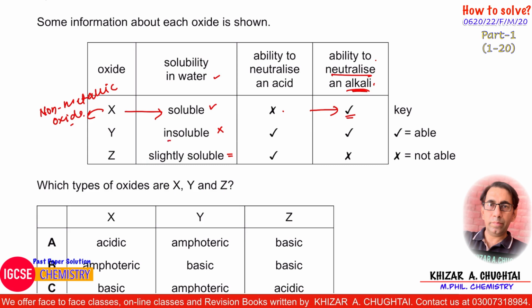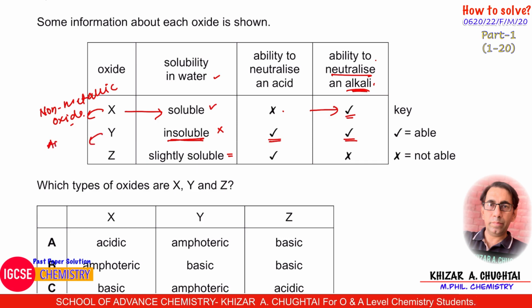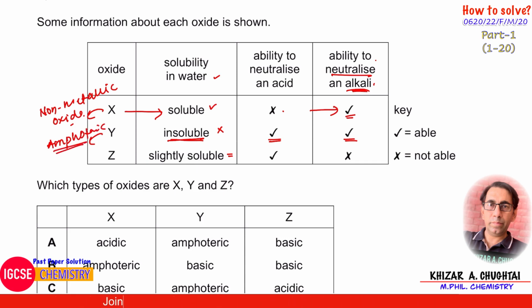Come towards Y, it is insoluble. It is reacting with acid, yes. It is reacting also with the alkali, yes. So, I mean, it's an amphoteric oxide. It can neutralize both species, acid as well as base. The Z is slightly soluble and it's reacting with an acid, and it's not reacting with an alkali.